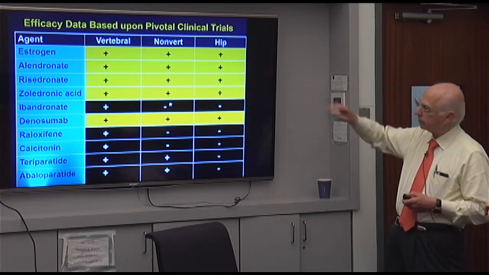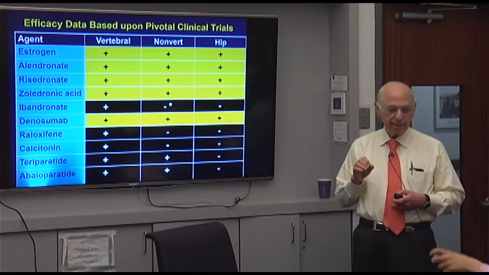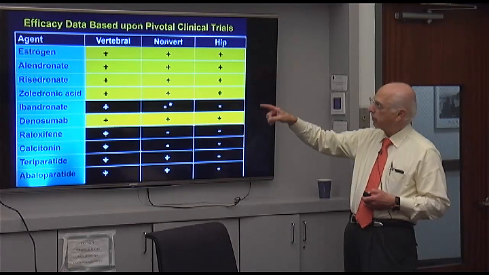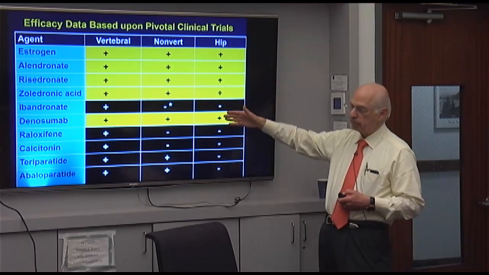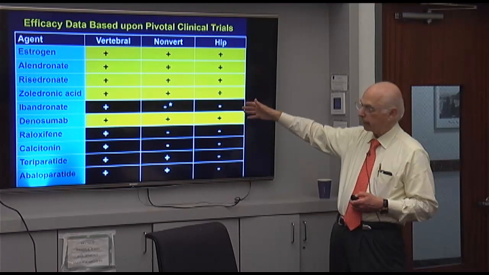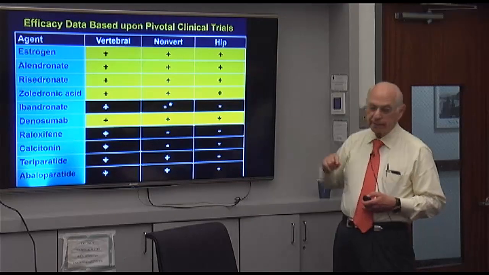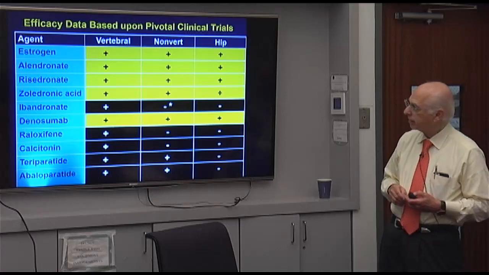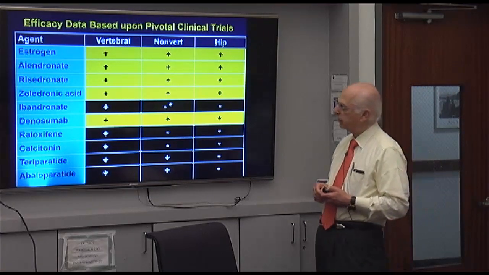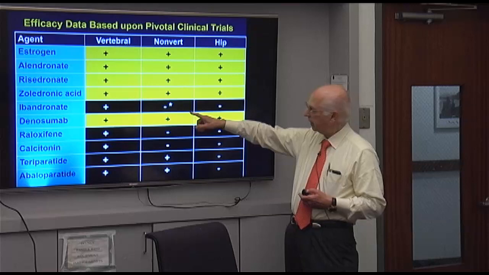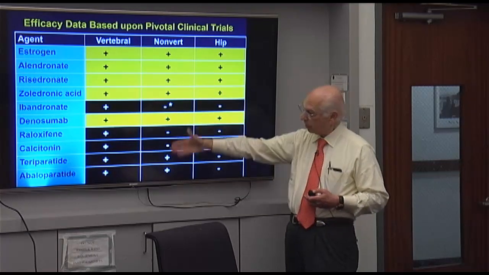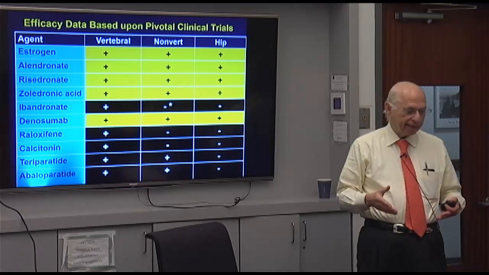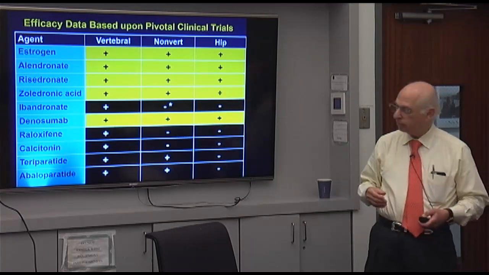The pluses reflect the evidence that the drug is effective at vertebral, non-vertebral, or hip sites. And you'll notice that estrogen gets +++. You'll notice that the bisphosphonates get +++. Ibandronate gets a plus. But first, notice that every drug gets a plus for vertebral. That's because they have to be a plus for vertebral, or else they don't get approved.